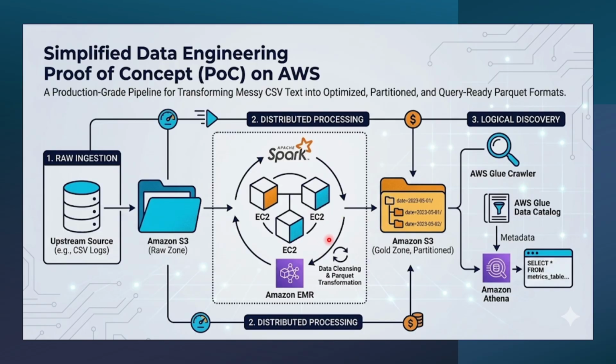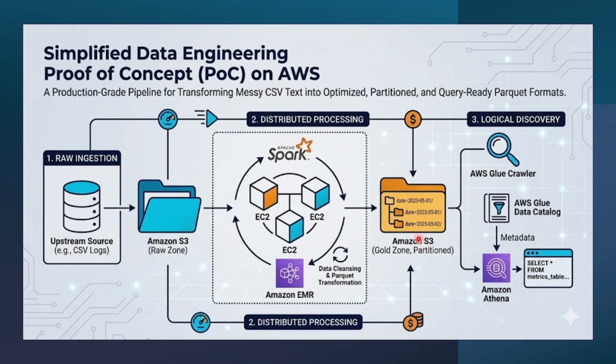Post Spark job completion through the EMR cluster, we will store the data into a gold zone of Amazon S3. Then we will use AWS Glue Crawler to get the metadata of these files, so that we can query the data in Amazon Athena SQL in an optimized way.